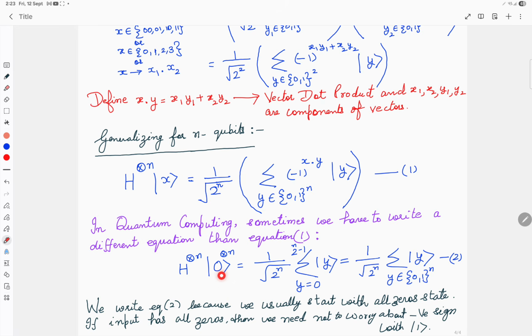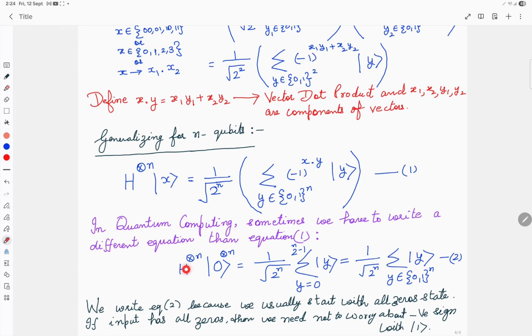If we are starting with the ket 0 state, then to our advantage we need not take care of the negative sign, because if we are applying the Hadamard on the ket 0 state, whether it's a 1 qubit, 2 qubit or n qubit system, we need not worry about this sign, because we will get the plus sign. So this becomes easier for us.